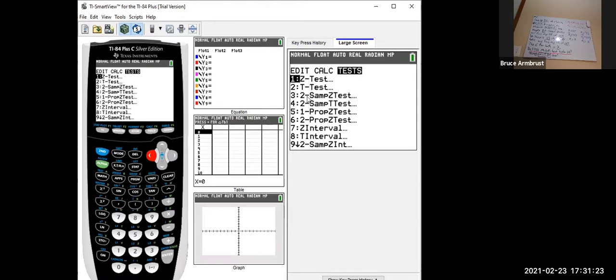I'm going to come down here to do the 2 Samp Z test. 2 Samp means 2 samples. When we were doing this before, just a regular old T test or Z test, we used one of these. But when we're going to compare 2 samples, we're going to jump down to either 2 sample Z or 2 sample T.